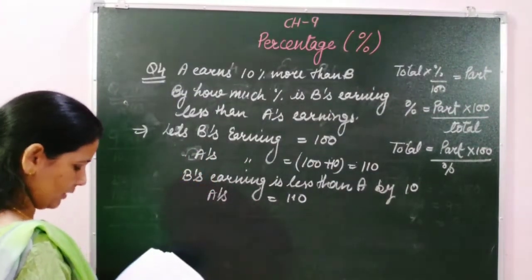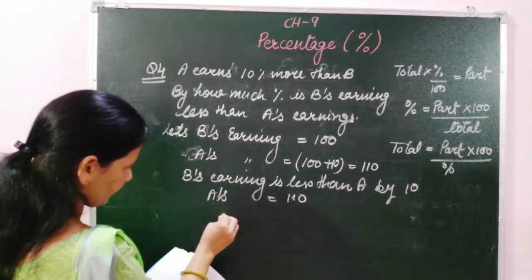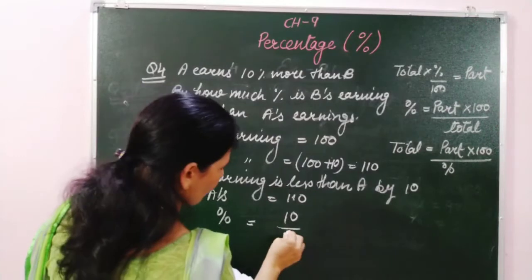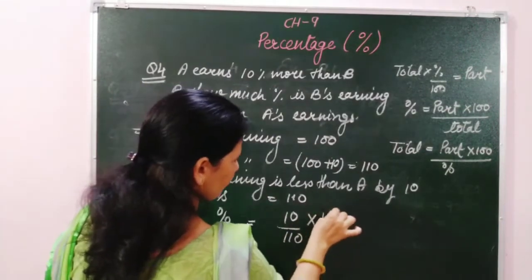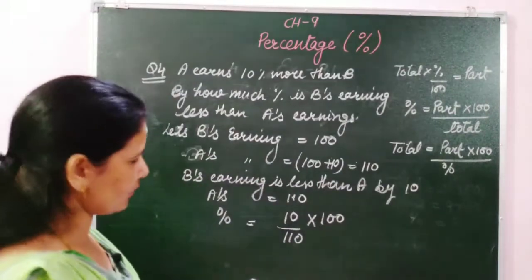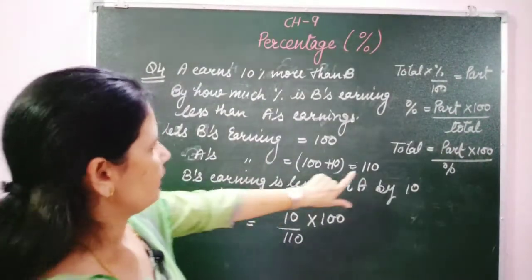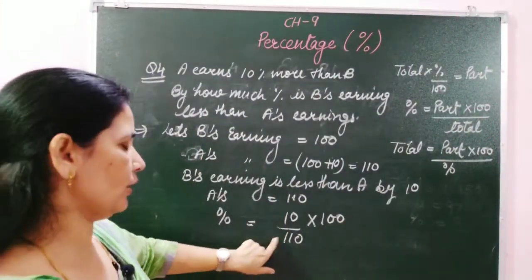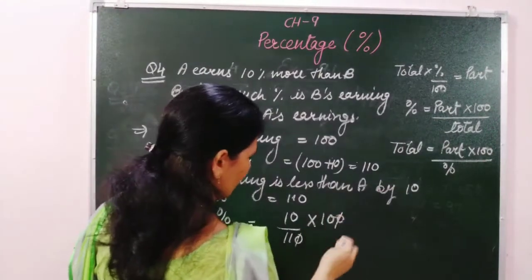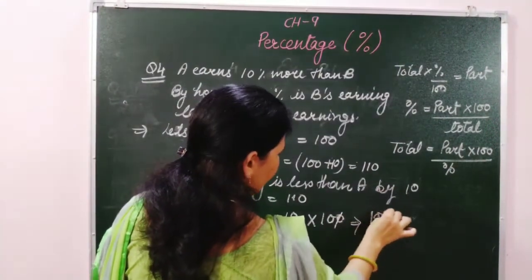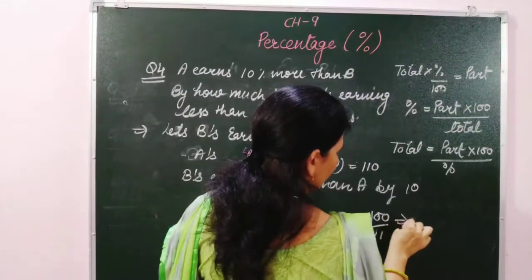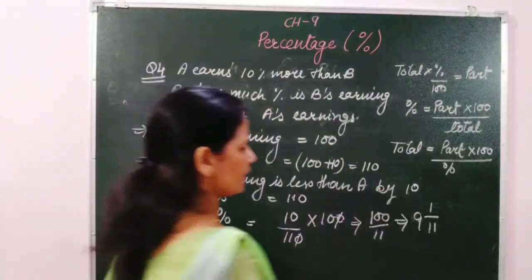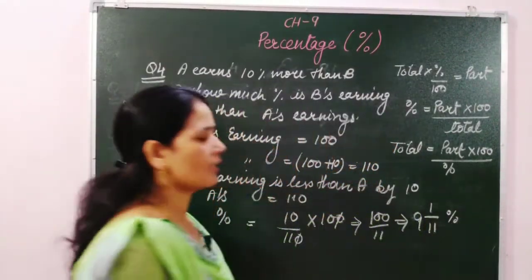So convert this one into percentage. To find the percentage, 10 divide by 110 multiply by 100. Okay students, the total is 110, and part divide by total, then 100. If we cancel this one, we get the answer 100 by 11. So 11 9 are 99. Then this is our answer. This much percentage B is less than A.